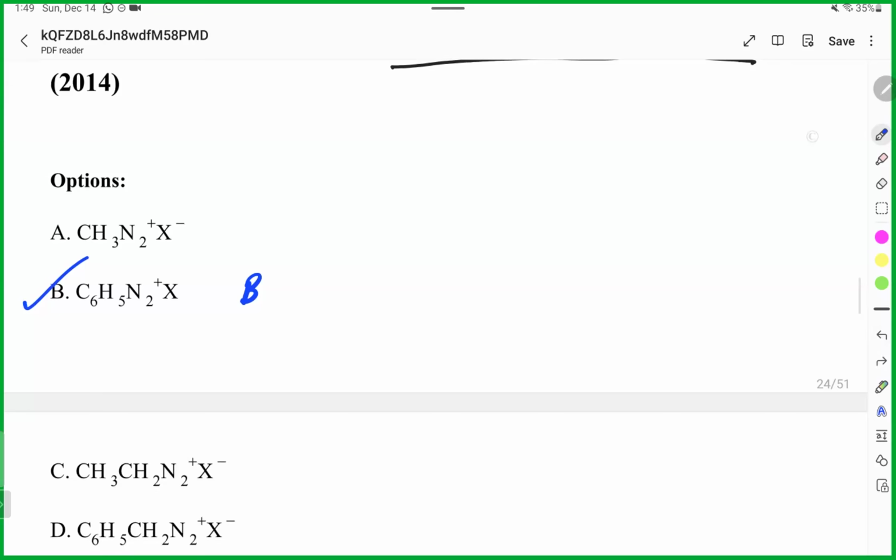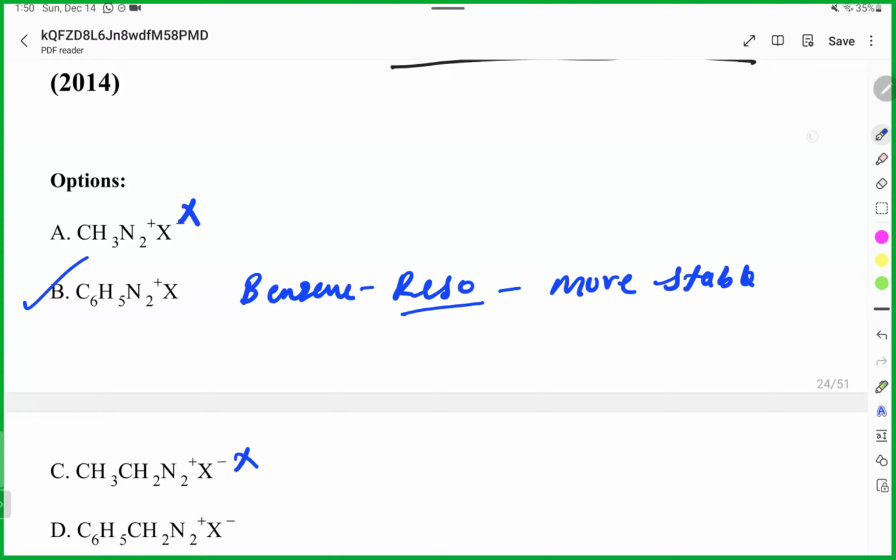Why? Because when you have benzene, then there will be resonance, and resonance makes it more stable. Correct? Here no resonance. Here you have the benzene ring, but in between there is CH2, so no resonance.